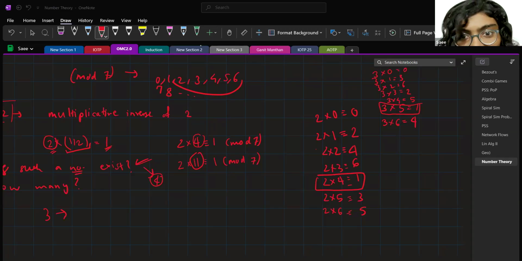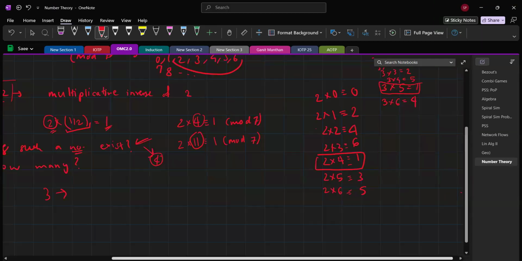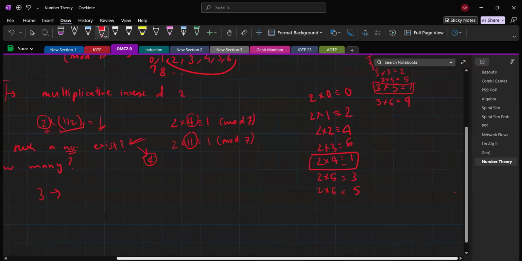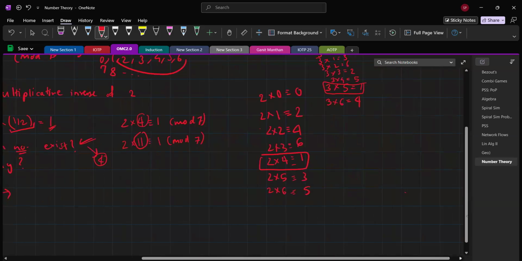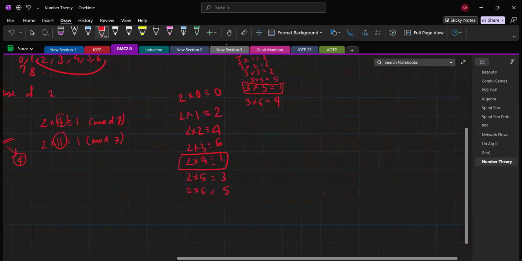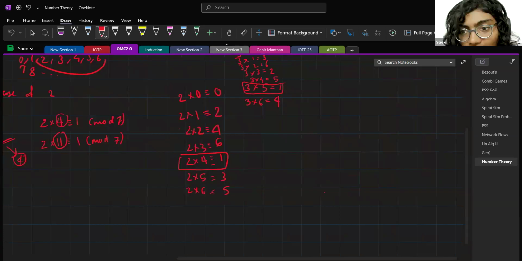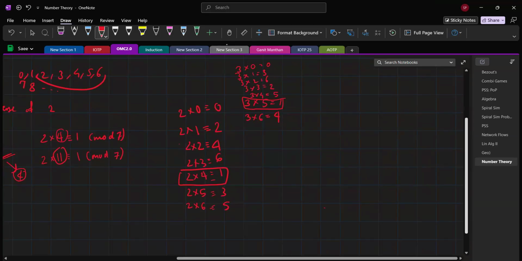Damn, and why is that? Oh, yes, 2, of course, because 4 times 2 is 1. So the multiplicative inverse of 4 is 2.